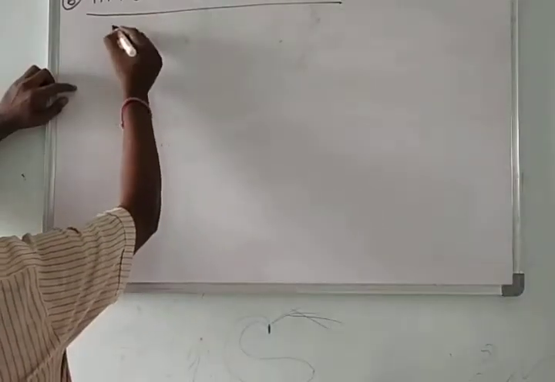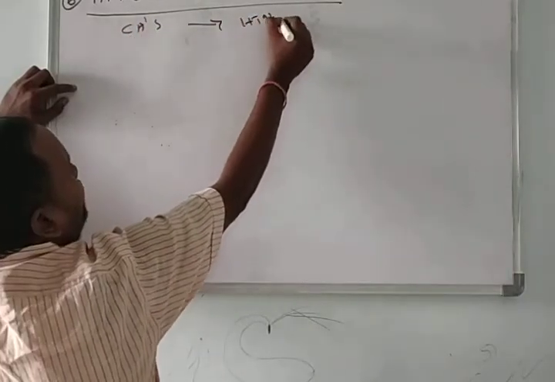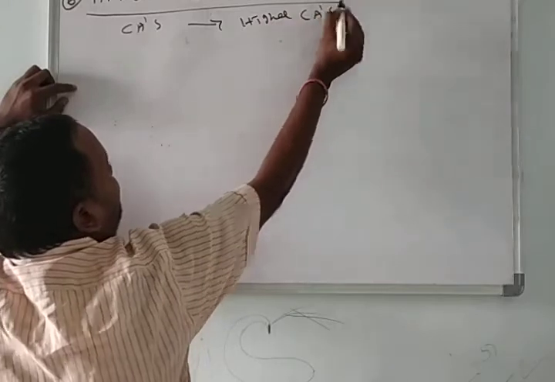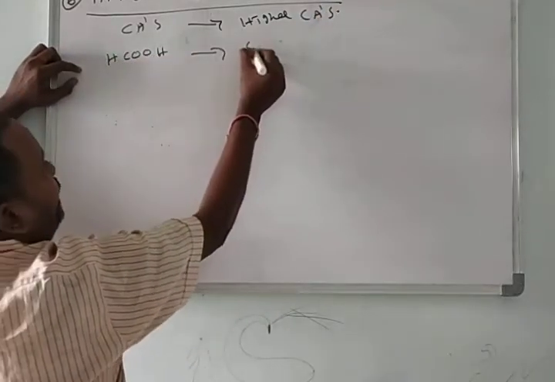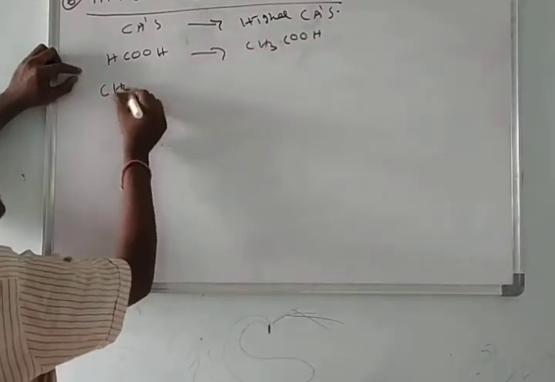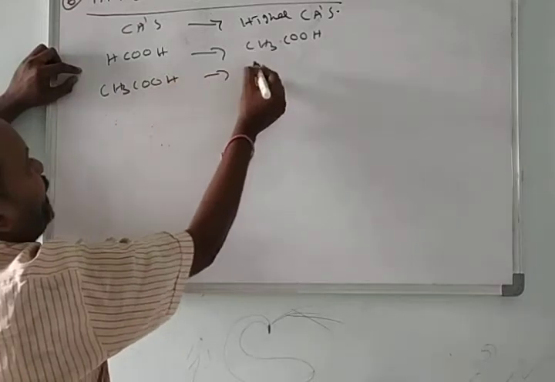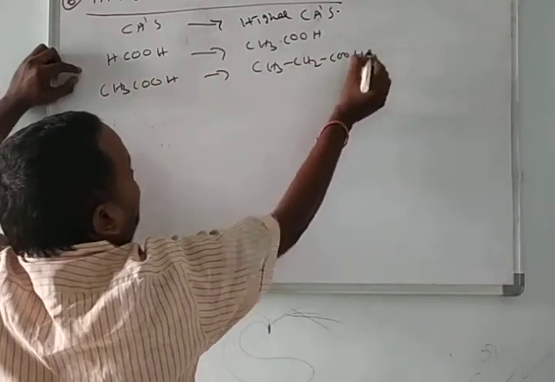What happens? Formic acid to acetic acid. Acetic acid to propanoic acid.